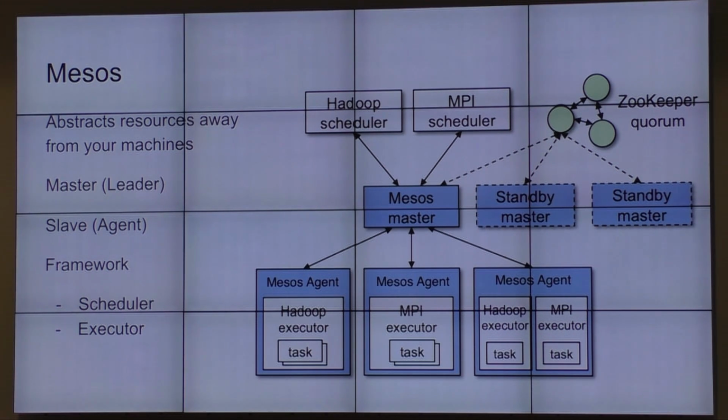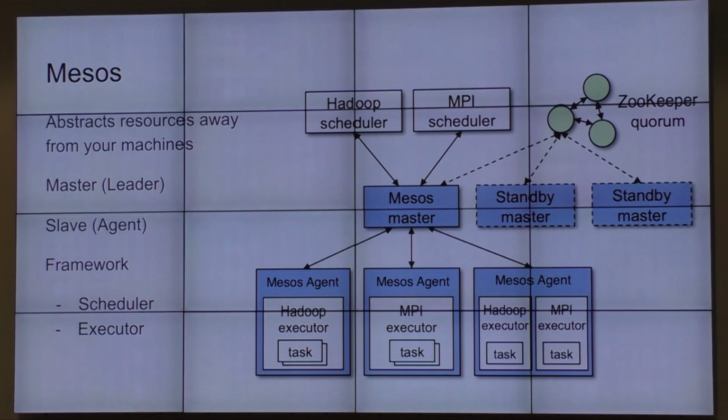For example, here one of those frameworks is this Hadoop scheduler. And when the framework decides to accept the offer, it just sends a task to the Mesos master, and the Mesos master knows which agent is able to execute such task, and then it executes it, and that's it.